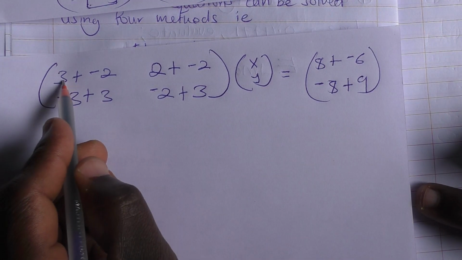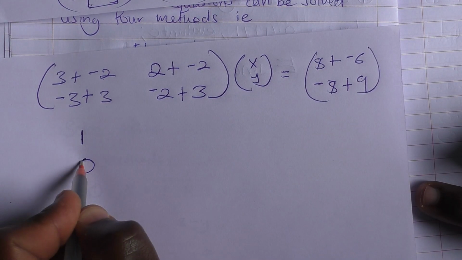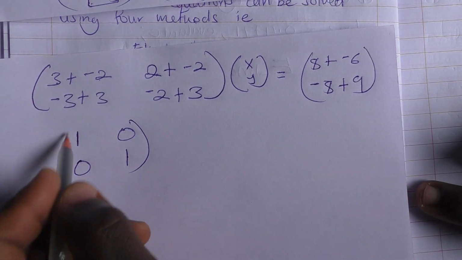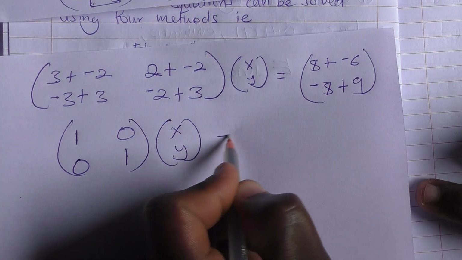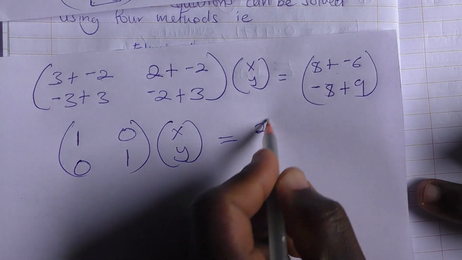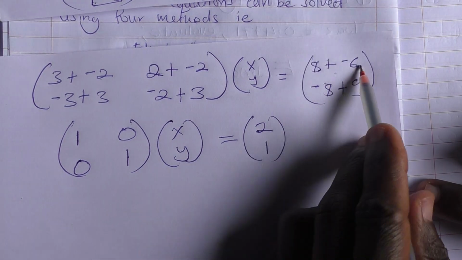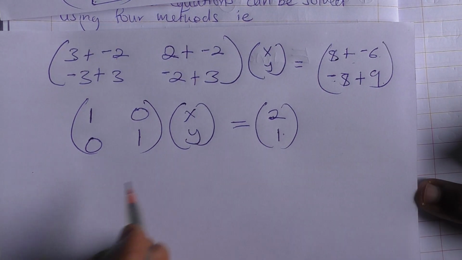whereby 3 plus negative 2 is 1. This is 0, 0, 1 into xy equaling 2 and 1. When you add, you end up with 2 and 1.